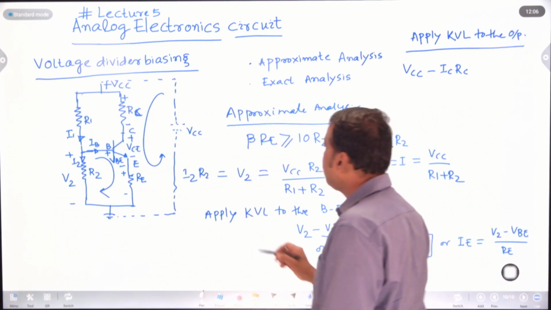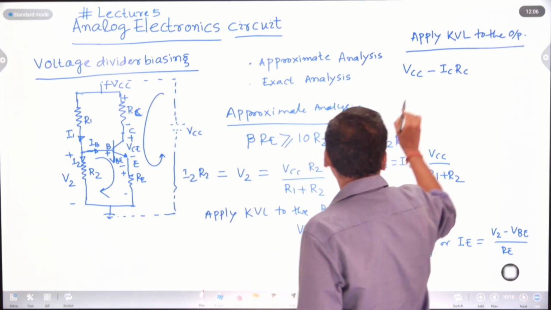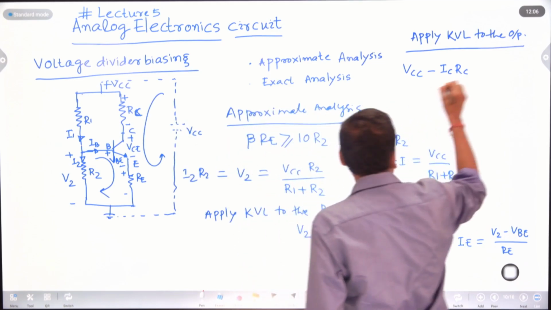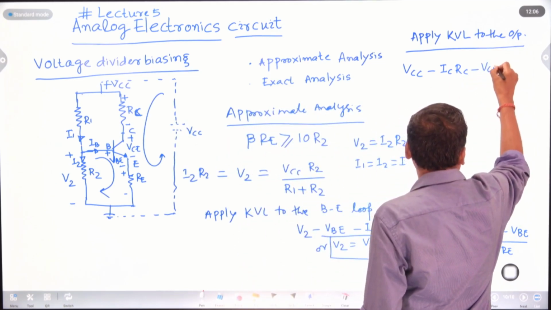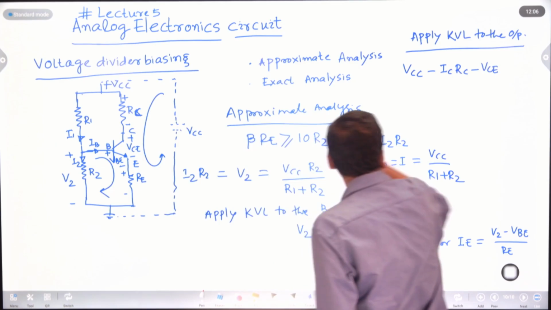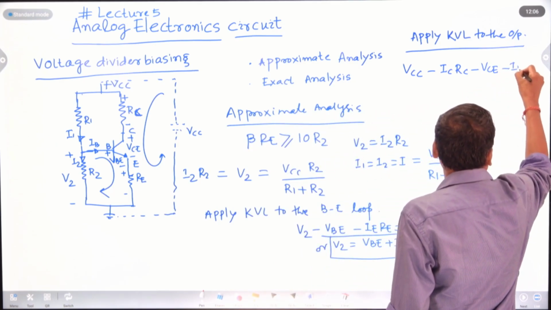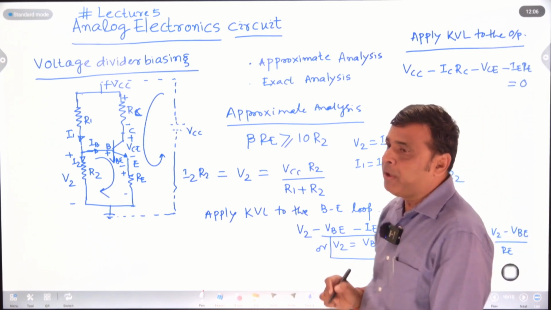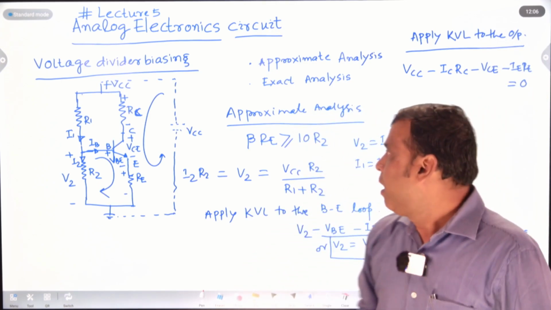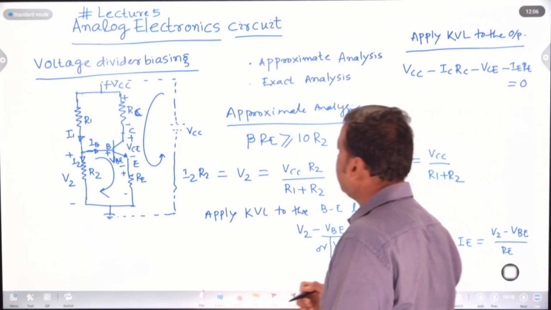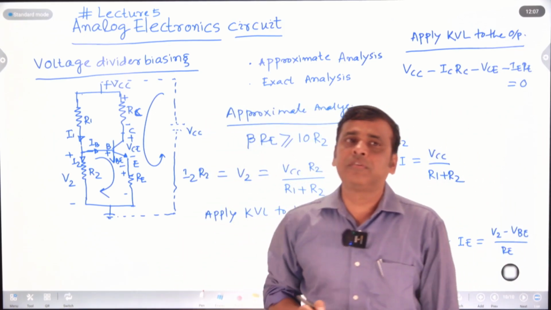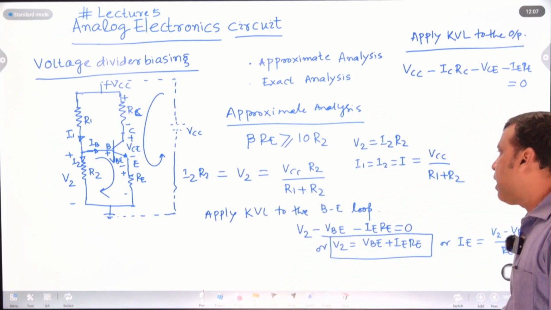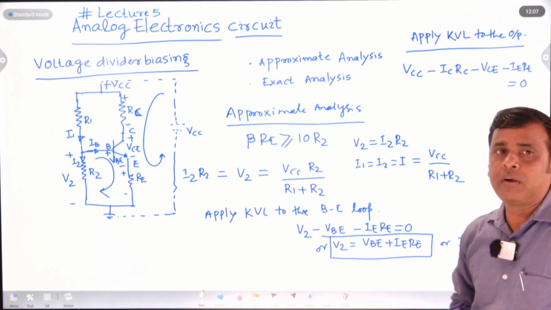If you apply KVL to the output, what is your output equation? VCC minus IC RC minus VCE minus IE RE equal to 0. If you apply Kirchhoff's voltage law properly to the input and output, you will get two equations, the input equation and the output equation. Using these, you can calculate the DC current and DC voltage.